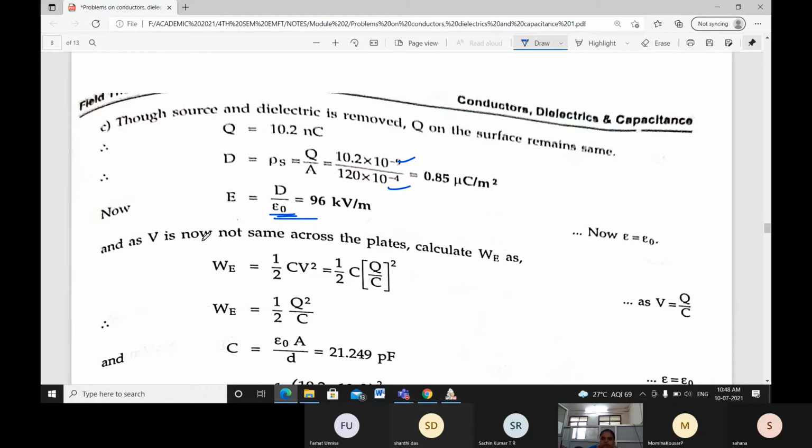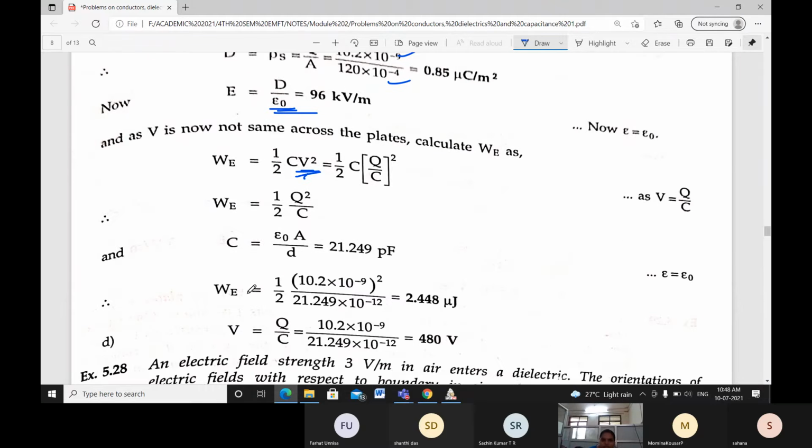Therefore, what is the energy stored? WE is going to be, I am using 1 by 2 CV square; instead of V, I will be substituting Q divided by C, so 1 by 2 C into Q divided by C, squared. What will I be getting here? Q square divided by C, one C will get cancelled. Therefore, Q square divided by 2C. This will remain; it's going to be changing. It's removed, right? For that reason.